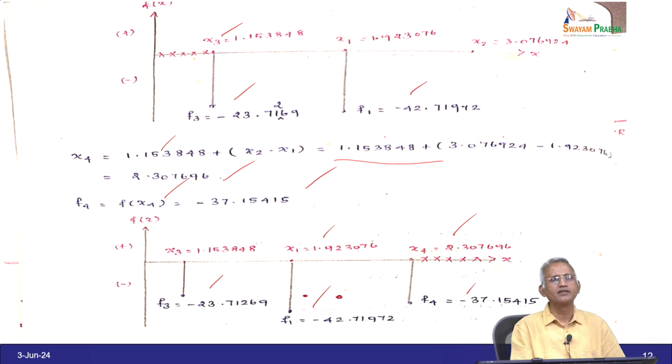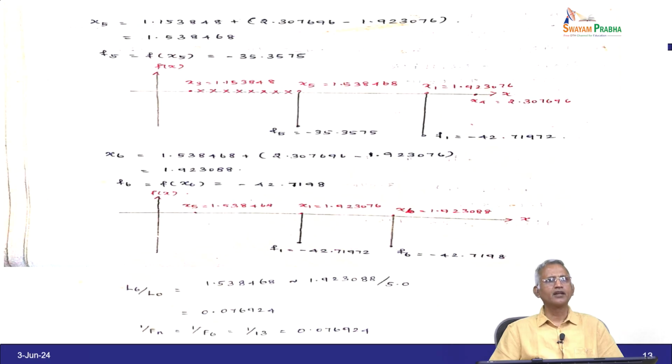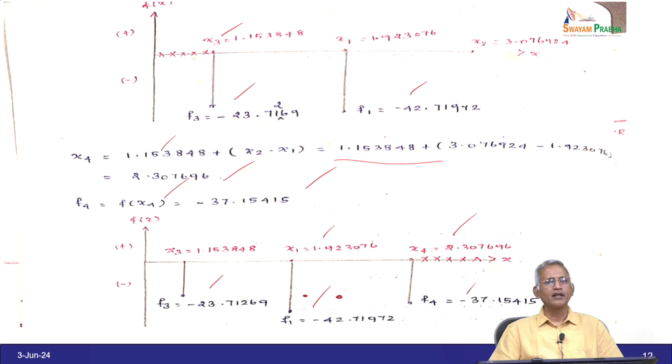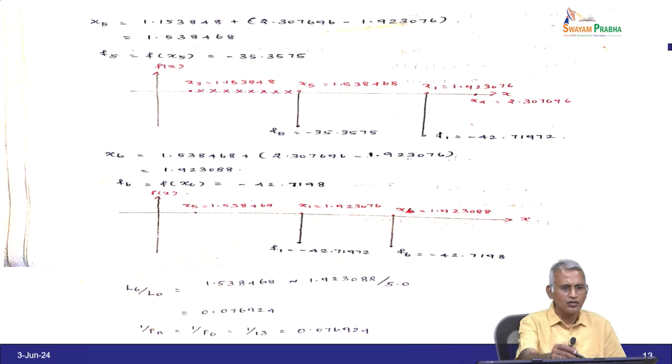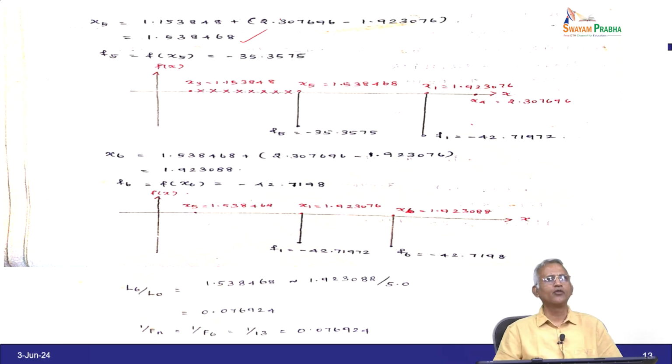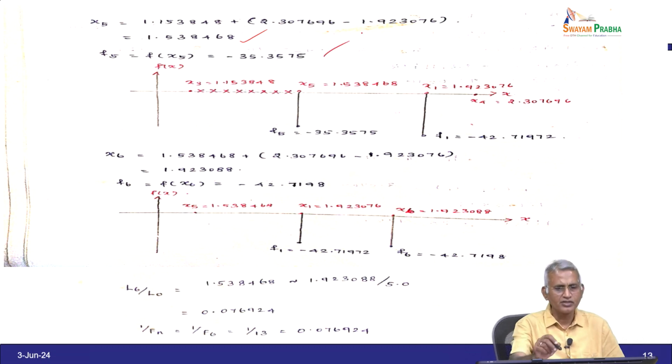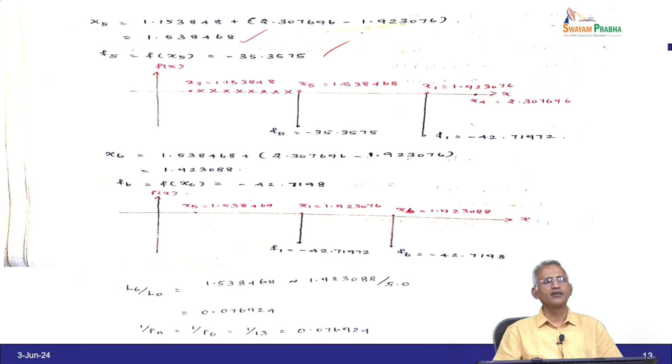Now based on this you have to choose the value of what? The nearest of which interval is x5 is 1.153 plus 2.307 is x4 minus 1.92 is x1. So, you have x5 equal to 1.538 and f5 equal to f of x5 which is equal to minus 35.3575.